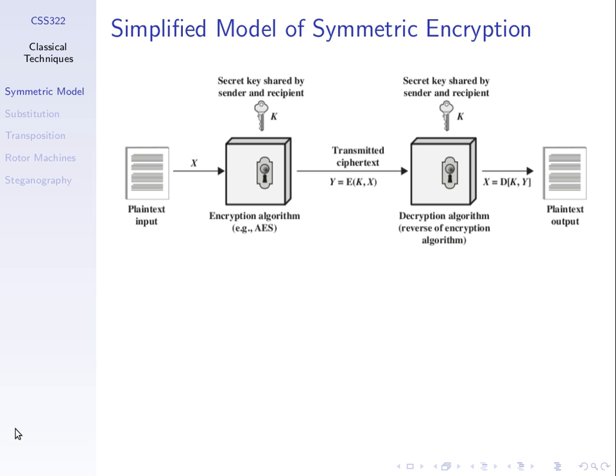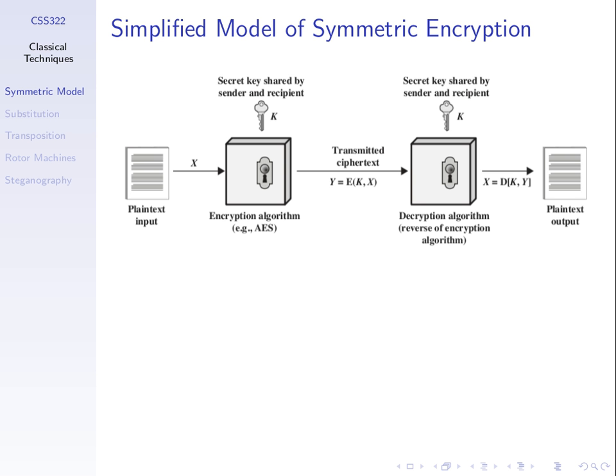So here's a model of encryption. We take plaintext as input. We apply some encryption algorithm using a key, and we get as an output ciphertext. We transmit that ciphertext across our information channel from the source to the destination. So this is all happening at the source. The source has a plaintext message.